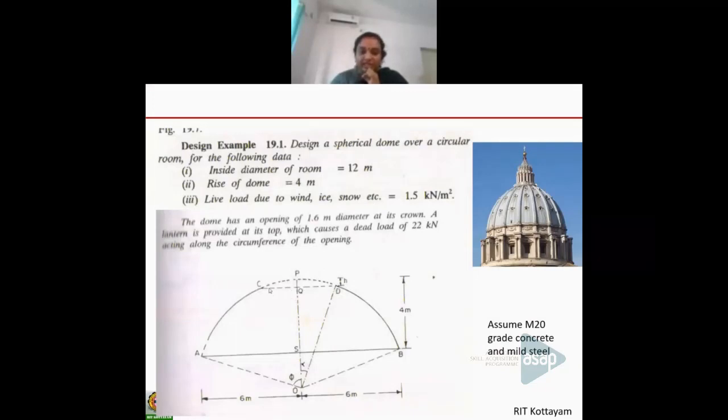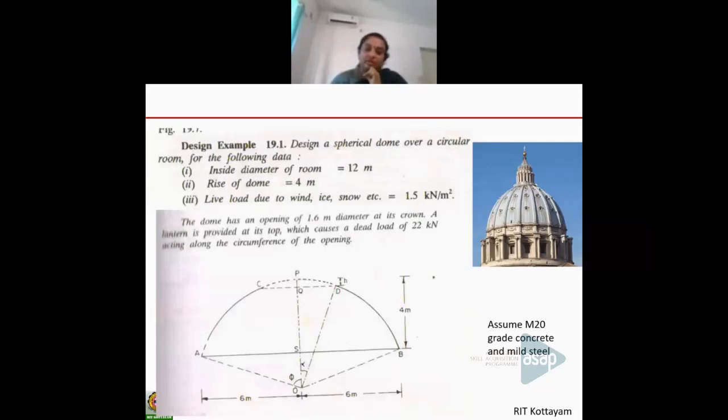So CD is 1.6, AB is equal to 12 meter, and the rise of the dome, from this point to the apex point, is 4 meter. So the distance PS is equal to 4 meter, right?